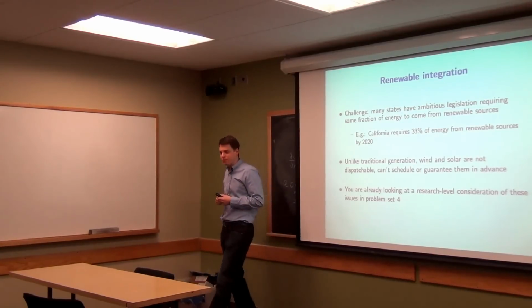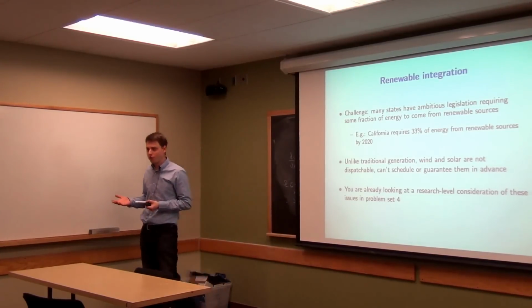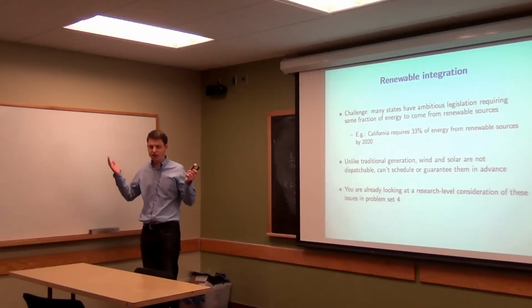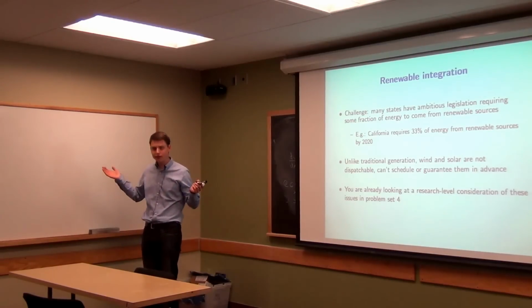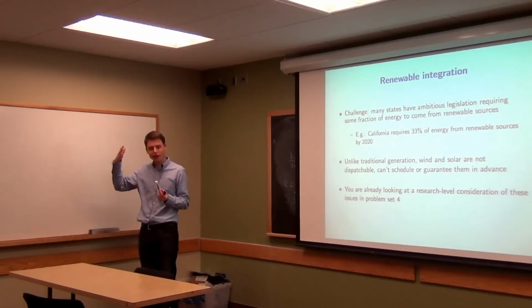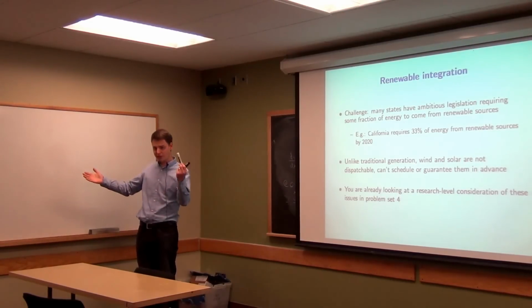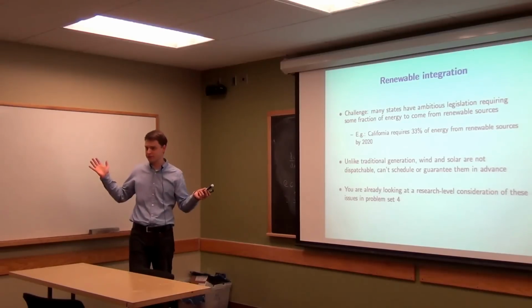And the problem is what you've seen in this homework, right? Unlike traditional generation, where the ISO, PJM in our case, could tell everyone, here are your bids for electricity, here are your cost functions, here are the demands we're going to have, or predictions of demands. I'm going to schedule the power, you generate this much, and that's just what happens.